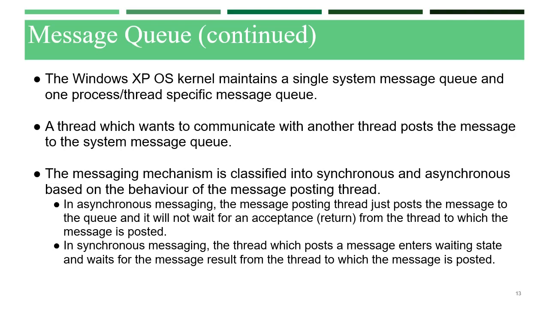In synchronous messaging, the thread which posts the message enters a waiting state and waits for the message result from the thread to which the message is posted. The thread which invoked the send message becomes blocked and the scheduler will not pick it up for scheduling.